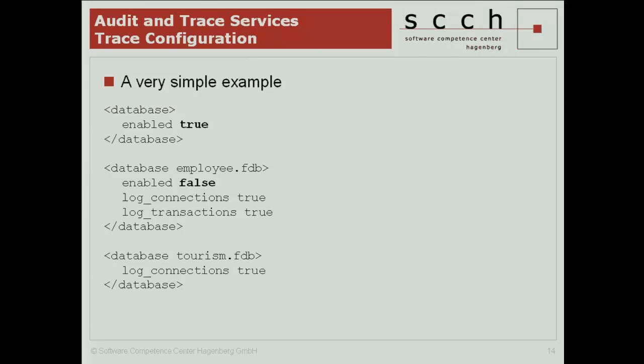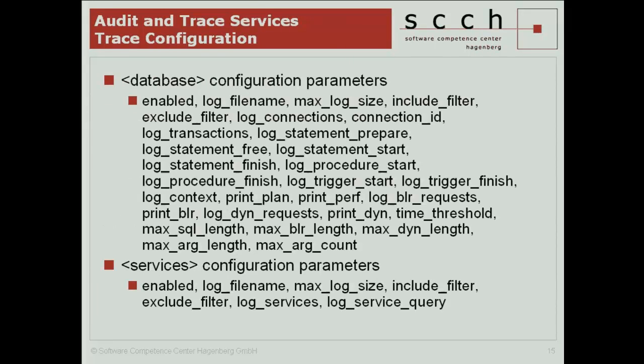On the other side, there is another database section here. This database will be traced, and we are interested in tracing only connection establishment event types. I have a very simple example. Well, there are a lot of configuration parameters here.